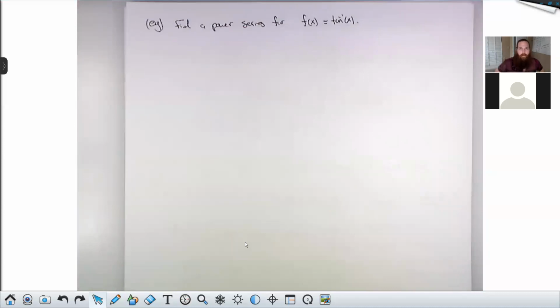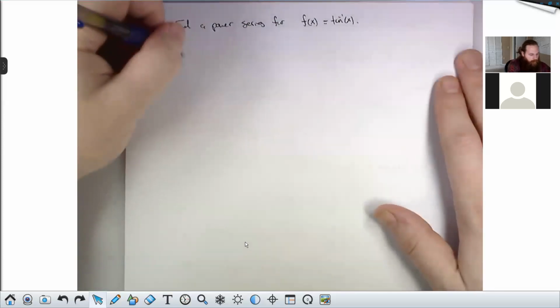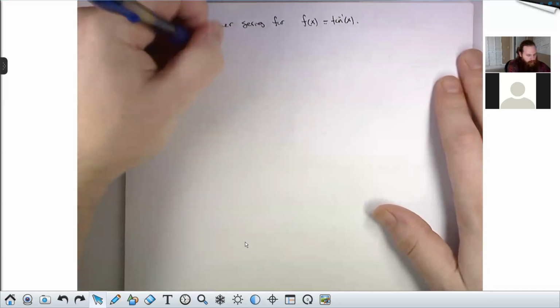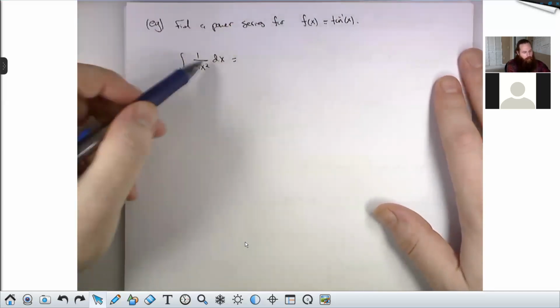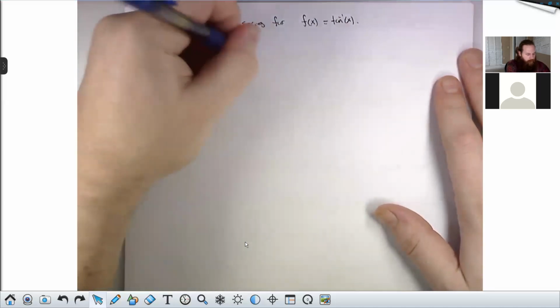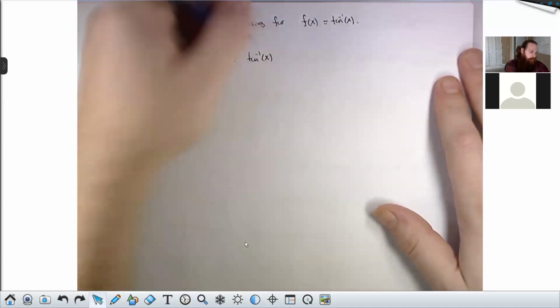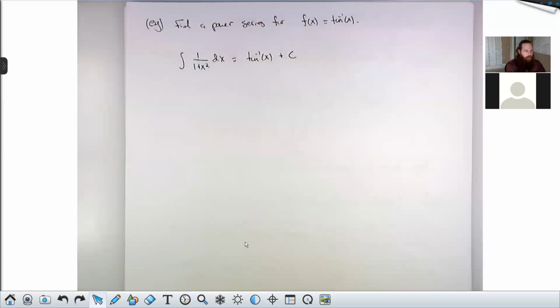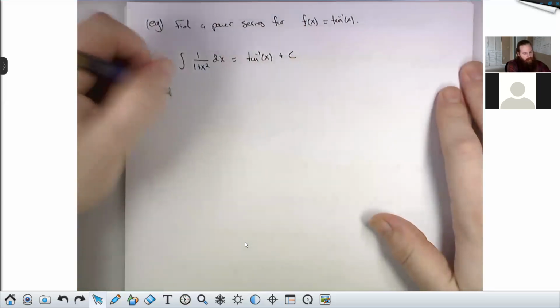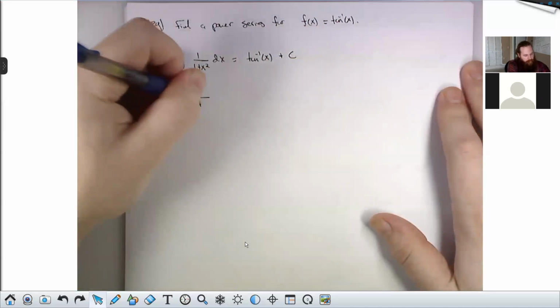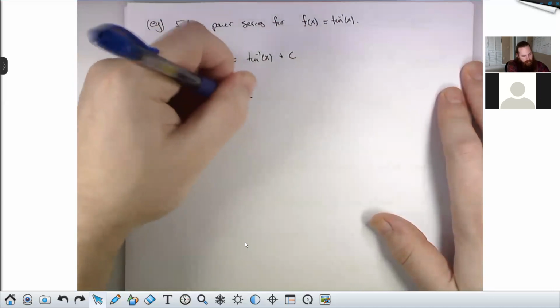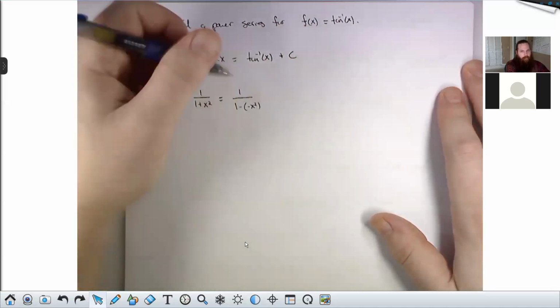All right. So just like in the last problem, I know that the integral of 1 over 1 plus x squared is the inverse tangent of x plus C. And I also know that 1 over 1 plus x squared is 1 over 1 minus negative x squared, like this. Careful with your parens.